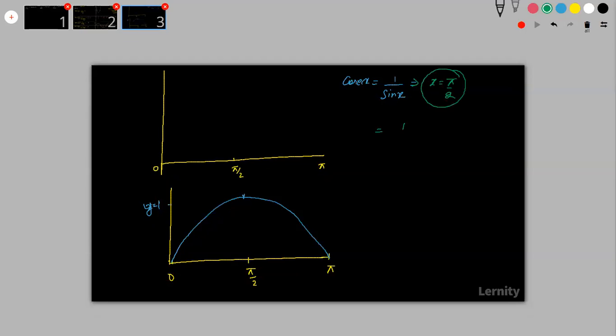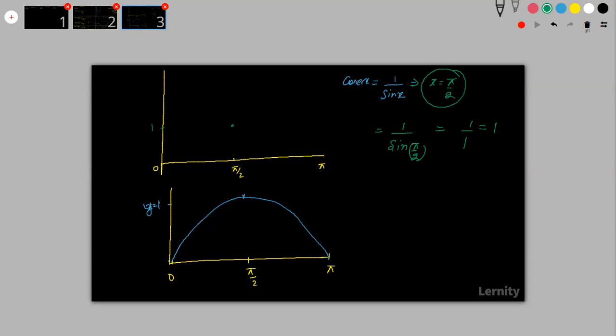So this will be 1 by sine of pi by 2, which is 1 upon 1, so this will be 1. Suppose y is 1, I'm marking here. Understood? So this is the point where x is equal to pi by 2.